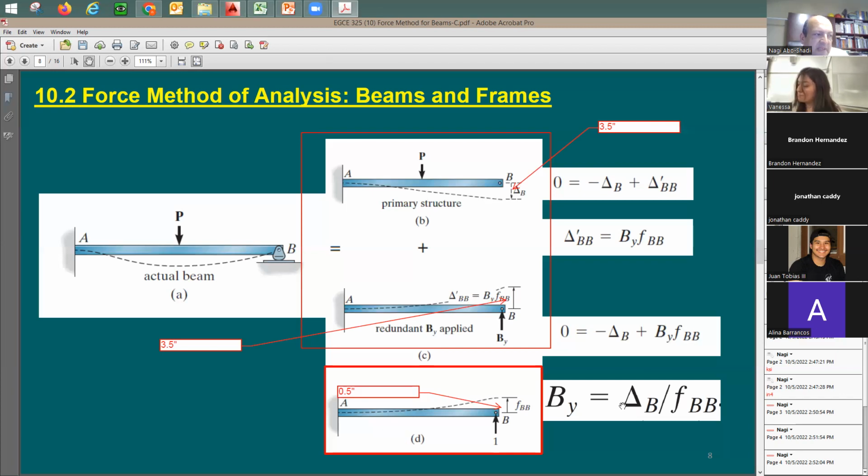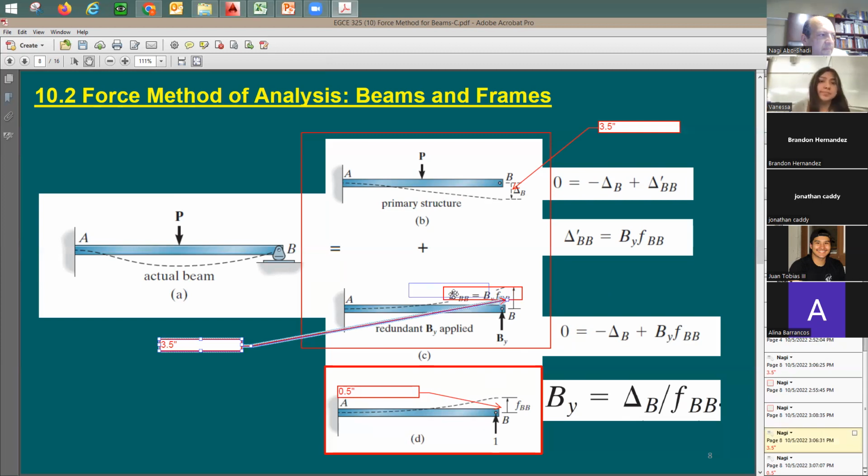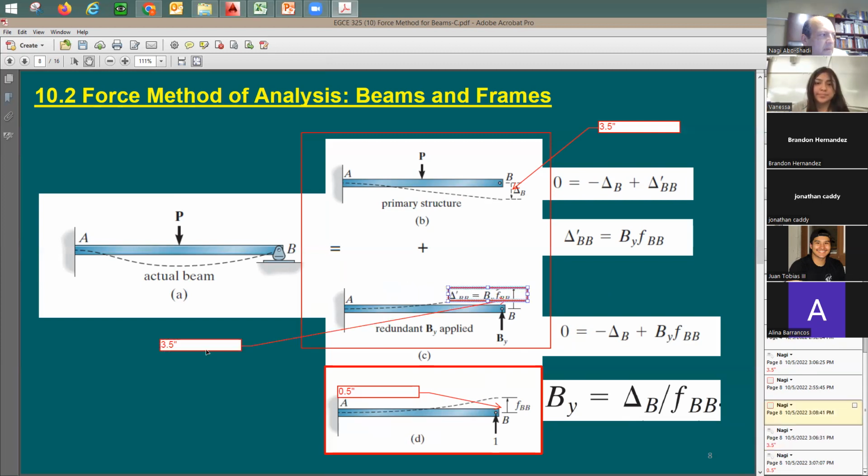So in this case, in our example, the total is going to be 3.5 inches, right? So each one kip is going to pull this up by only half an inch, and I have a total of 3.5 inches.